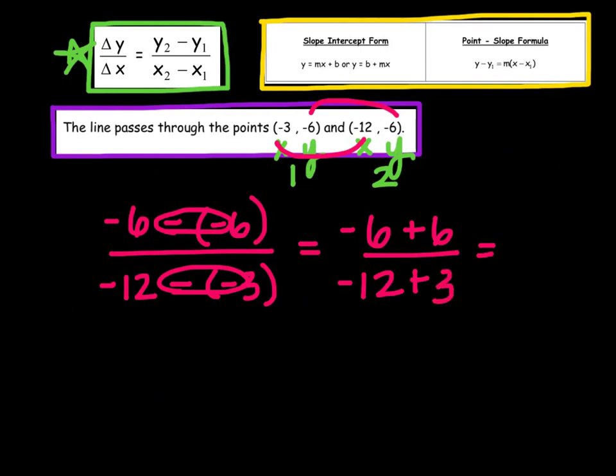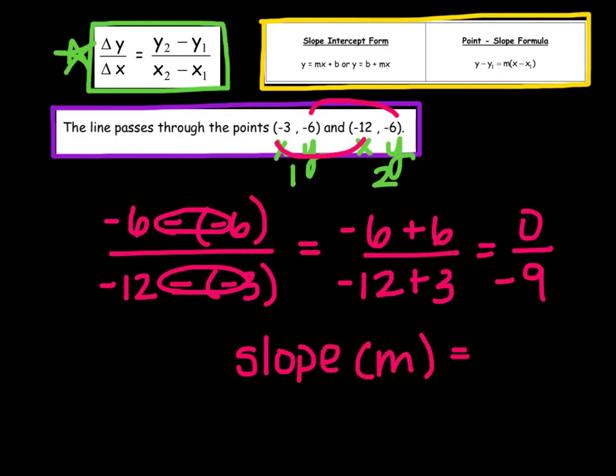So really I end up with -6 plus 6, which is 0, over -12 plus 3, which is going to be a -9. Doesn't really matter what the bottom is, because since the top is a 0, that means the slope, or the m in my line, is going to be 0.